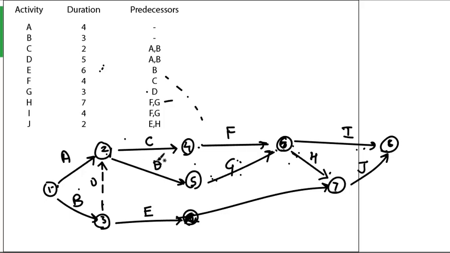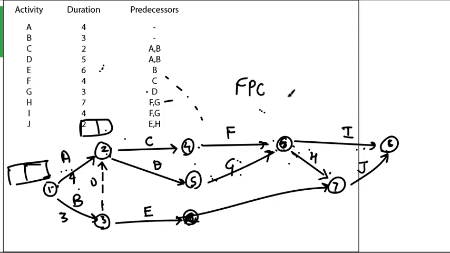So the project has one start node, one end node. Now the durations are given, like 4, 3. So you write all the durations, you make boxes at each node. Then you start the forward pass calculation, and after arriving at this point you start the backward pass calculation.